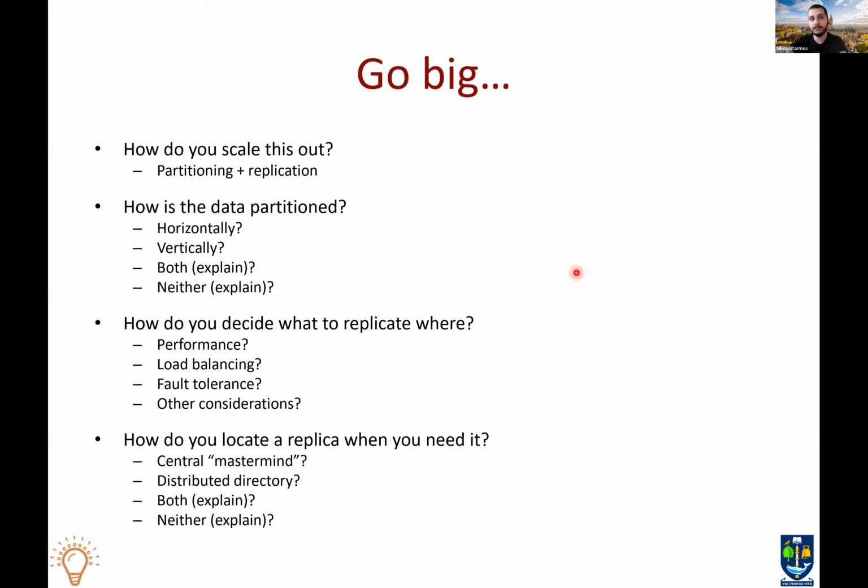How would you locate a replica? Some of you said, I want a distributed directory, because that will give me scalability, would probably also give me fault tolerance and what have you. What's the problem with a distributed directory? The advantages are exactly what you said. A distributed directory would probably give you higher fault tolerance, probably better throughput, and it seems to fit the bigger picture better.